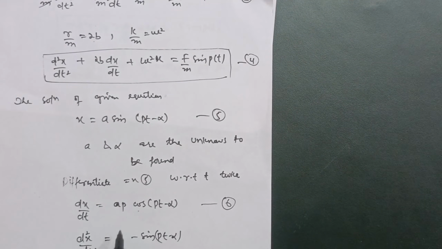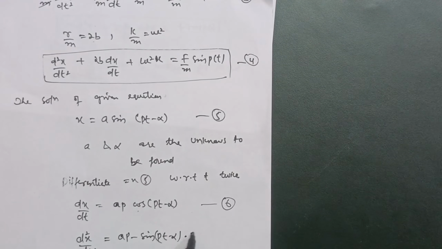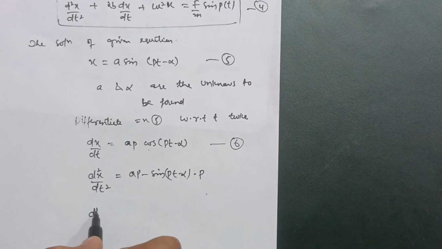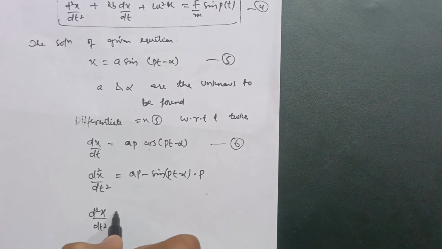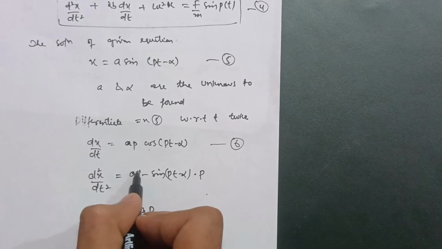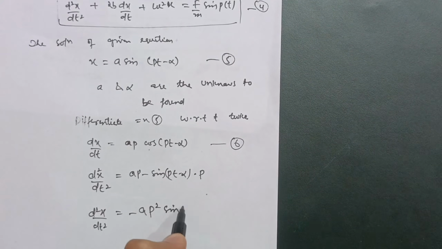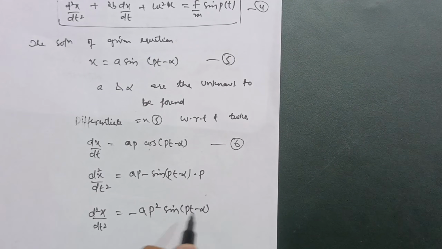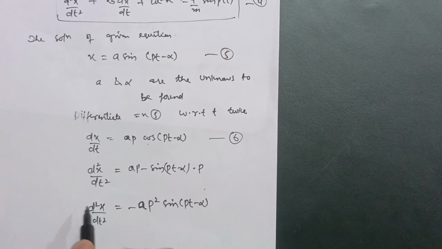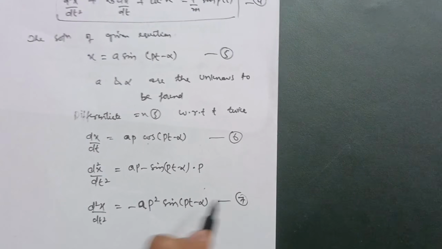A is already here and p is already here, and the internal differentiation of pt is p, which gets multiplied here. So d square x upon dt square is equal to minus a p into p, that is p square, sine of pt minus alpha. This is the second differentiation, I can call it the seventh equation.